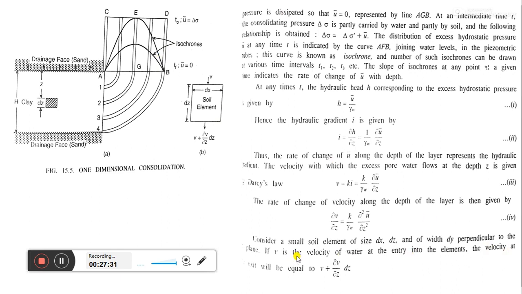If v is the velocity of water at the entry into the element, the velocity at the exit will be equal to v plus dv by dz into dz. So it depends on the depth; dz is representing depth.